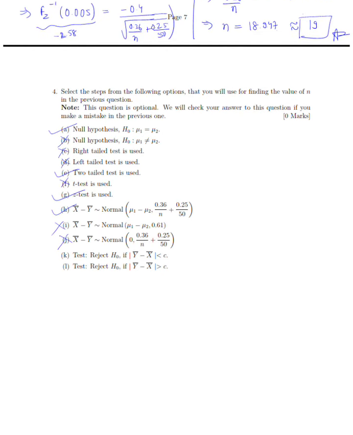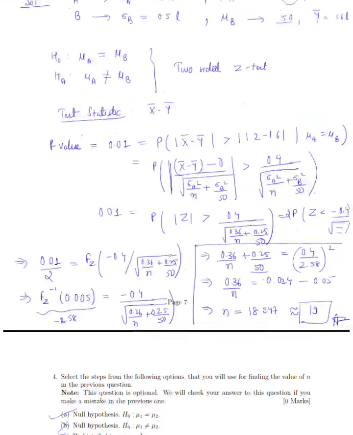The test was you reject H0 if x bar minus y bar is greater than c. So let's keep it constant. Write x bar minus y bar here, and here also x bar minus y bar, because our test statistic was x bar minus y bar. So these are our options, and it will be checked only if you have made some mistake in the previous question.